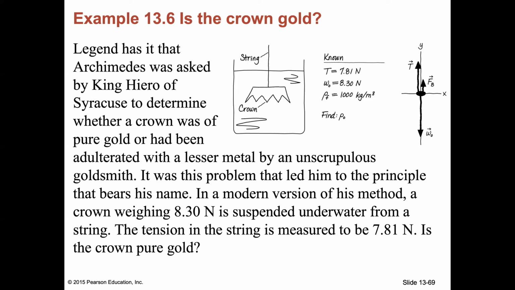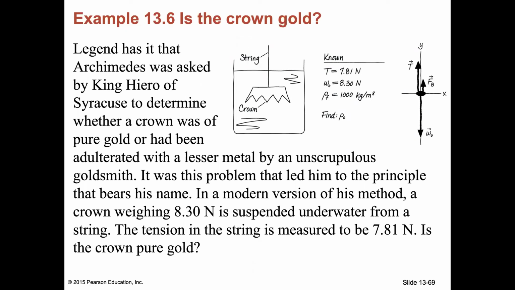So if the smith wants to play some tricks, usually he will mix in maybe silver or copper or some other material. But once he does this, the density of the crown should be lighter.